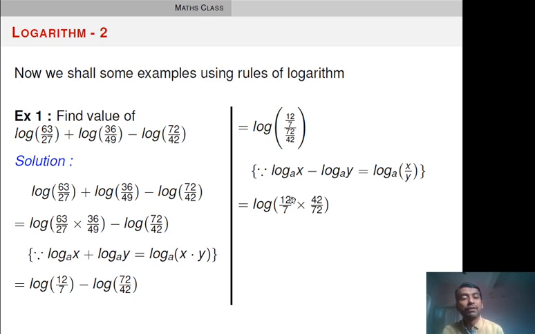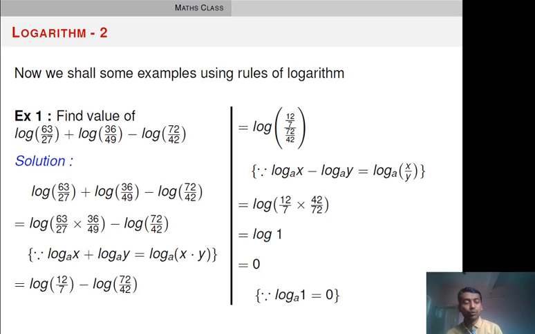So here 12 into 6 is 72, 7 into 6 is 42. So I think everything will be cancelled, and inside the bracket we are left with 1. So we have log 1, and we know that log 1 is equal to 0 with any base. So this is our final answer. Question was find out value of this term, and value is 0.